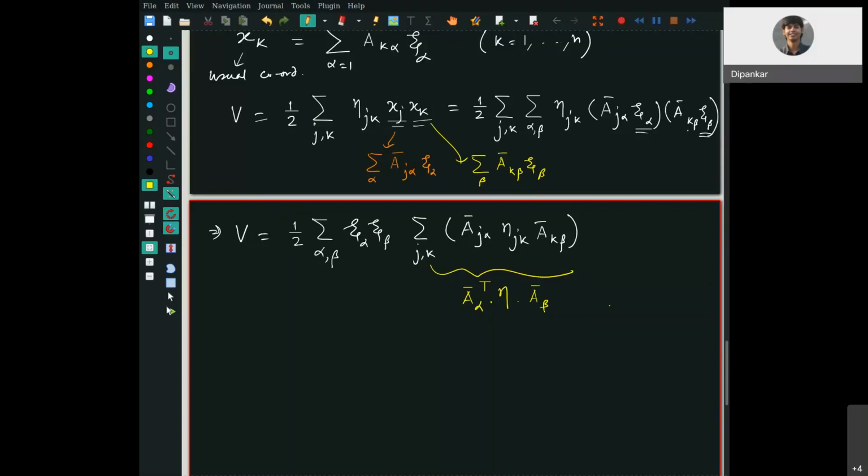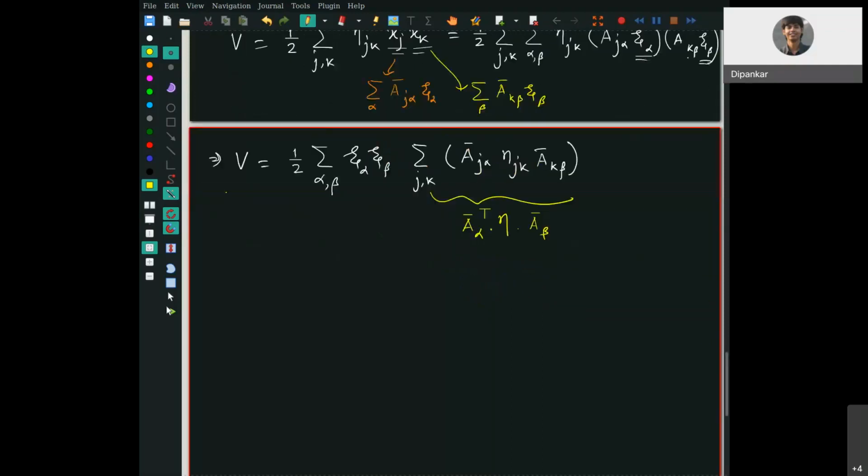So using that you can write V as summation over half alpha beta xi alpha xi beta, and this summation here is just omega beta square delta alpha beta, or omega alpha square delta alpha beta, it doesn't matter.